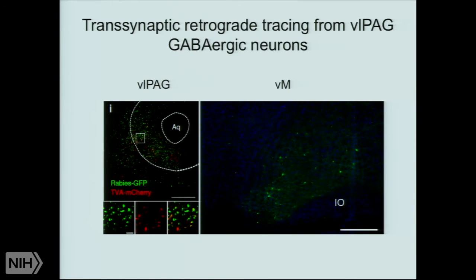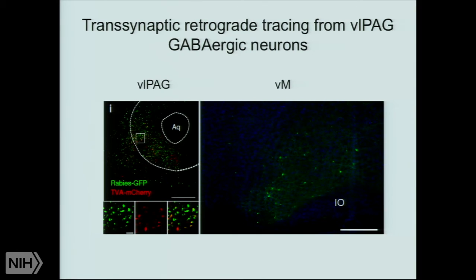And then we did rabies virus tracing. Many of you are probably familiar with this technique. Basically, it allows you to trace, starting with the postsynaptic cell, the monosynaptic inputs that directly innervate the cells that you're interested in. Here we targeted the VL-PAG GABAergic neurons. For the sake of time, I won't go into the details because these methods are all established and published.